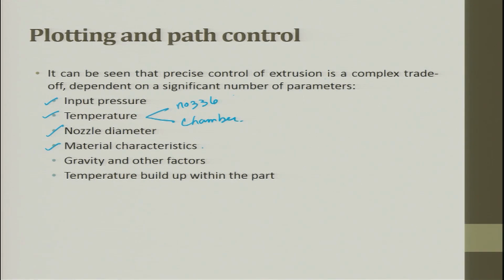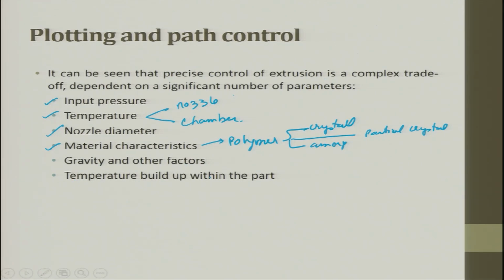Material characteristics: polymer, crystalline, amorphous, and you have partial crystalline. All these have a direct influence on the mechanical property and the physical property, gravity and other factors, and temperature built in within the part.